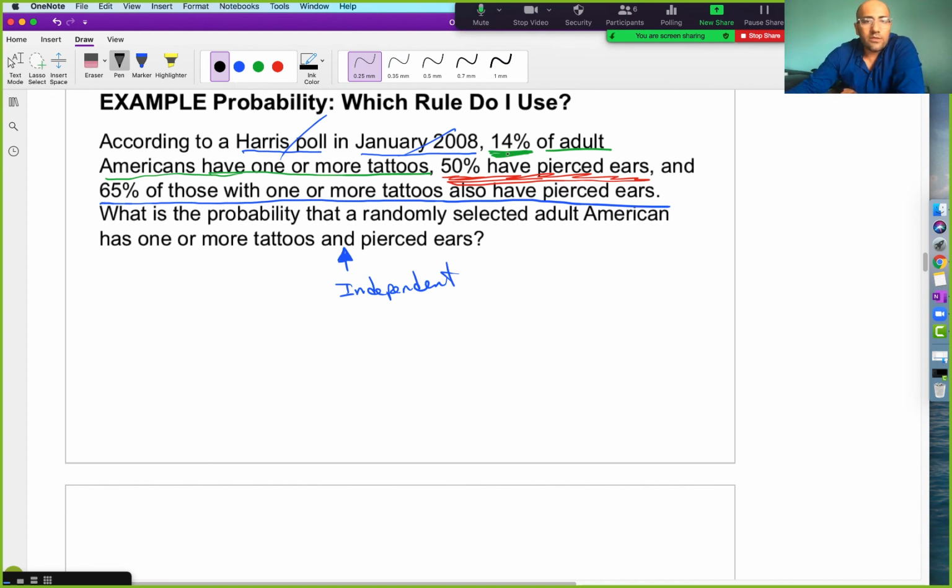So the first one was this one. Let event A be that an adult American has one or more tattoos.